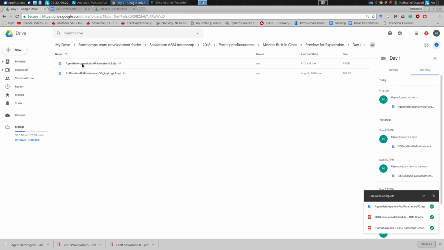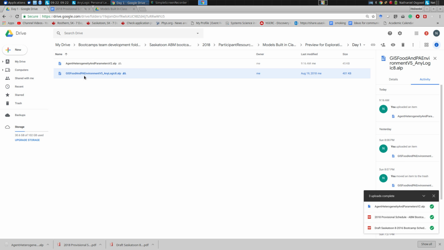That may not be obvious, they just have names, but they finish with the extension .alp, which indicates they are AnyLogic projects. One of them is called GIS and PA Environment version 5.